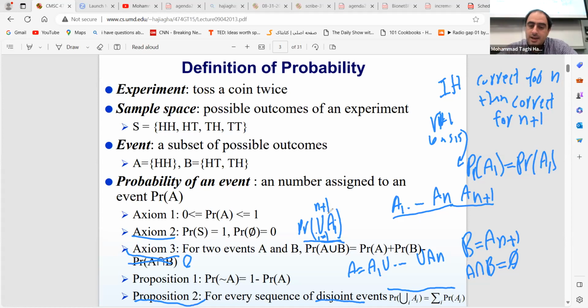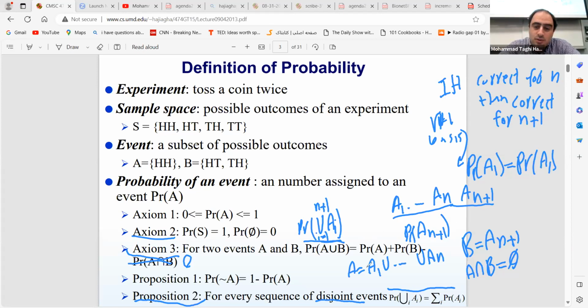Now, the good thing is that here I have the probability of A plus the probability of B. The probability of B, of course, would be just the probability of A_{n+1}. Good. So I got the probability of A_{n+1} in this sum.